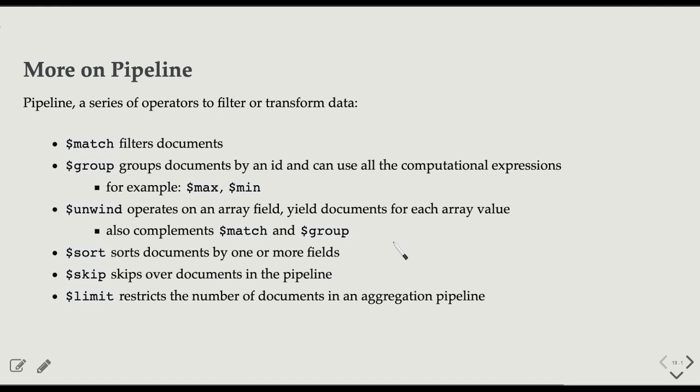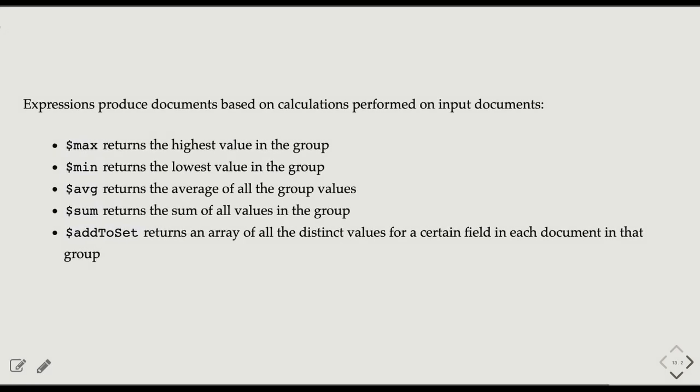$sort can sort documents by one or more fields. $skip can skip over documents in the pipeline. $limit will restrict the number of documents in the pipeline. You can use expressions such as sum, average, mean, and max to compute some of the statistics.